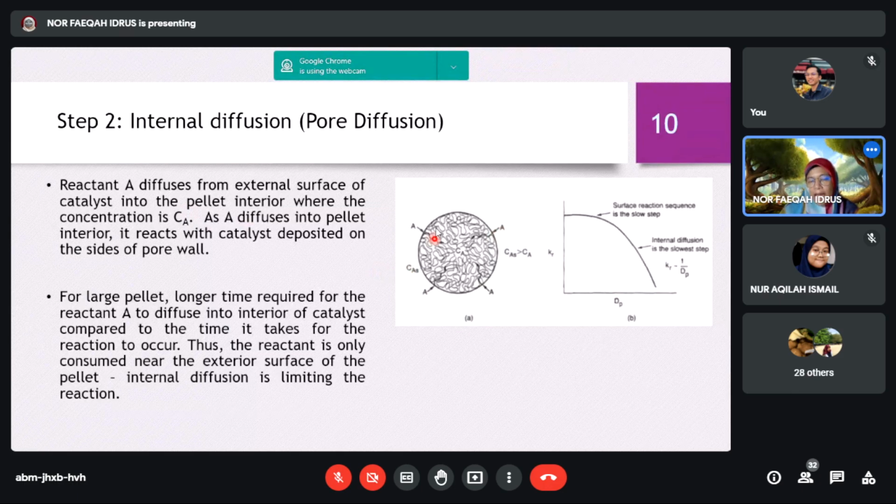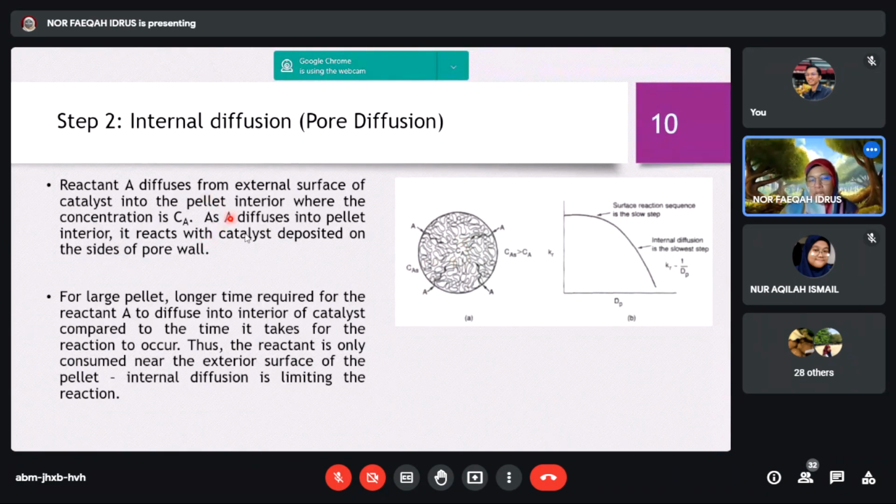When the diffusion occurs, the reactant A from the external surface will go through to the interior of catalyst, and the concentration becomes CA. There is a gradient here, but usually the concentration gradient will be small and nearly 0.